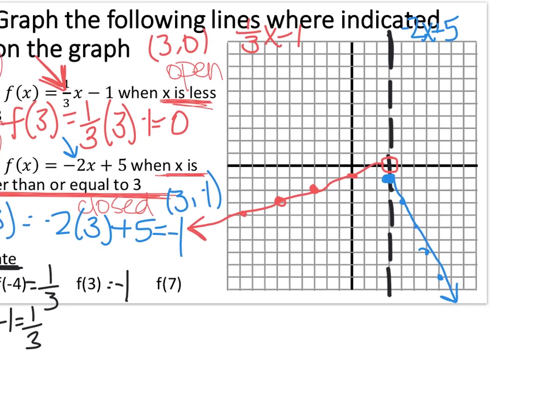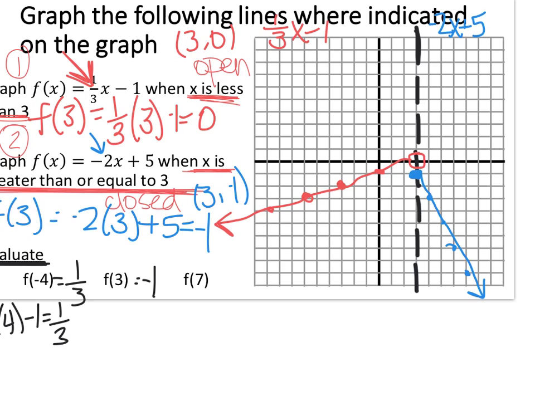I think this one also, 1, 2, 3, 4, 5, 6, 7. This point down here is where x equals 7, and my y value there is negative 9. So at f of 7, my y value is negative 9.